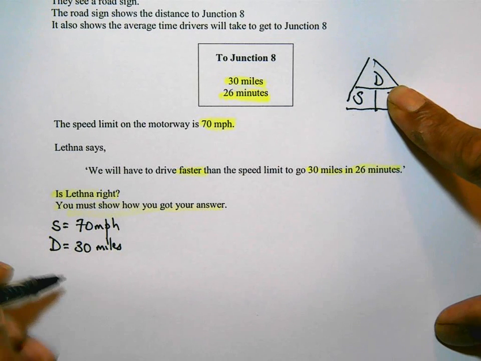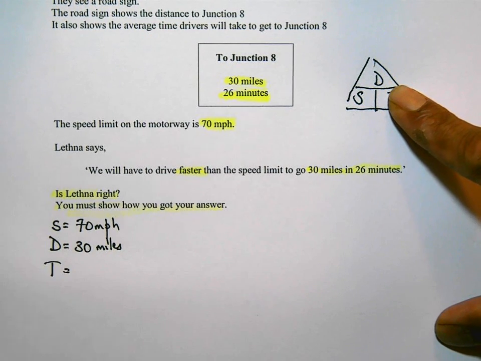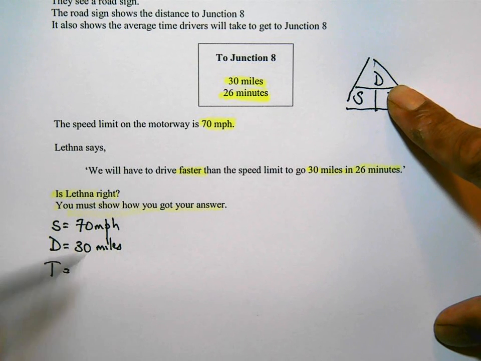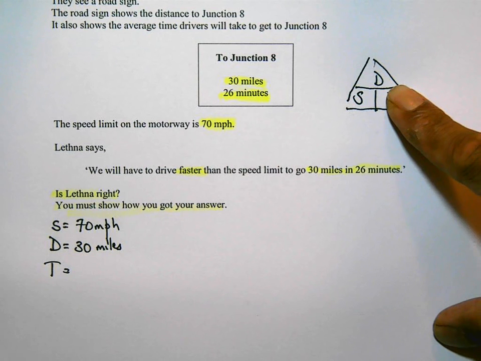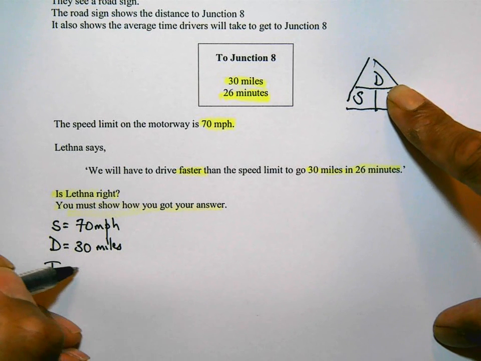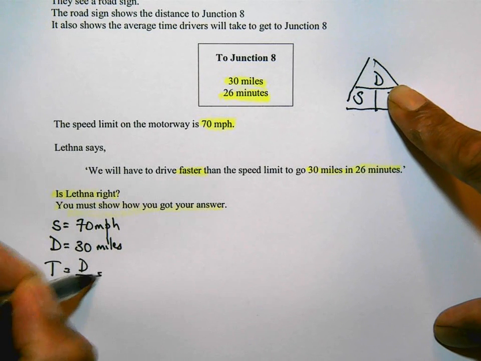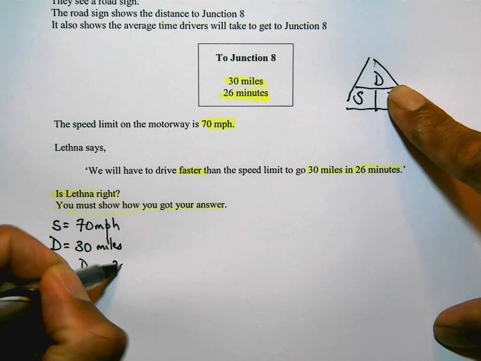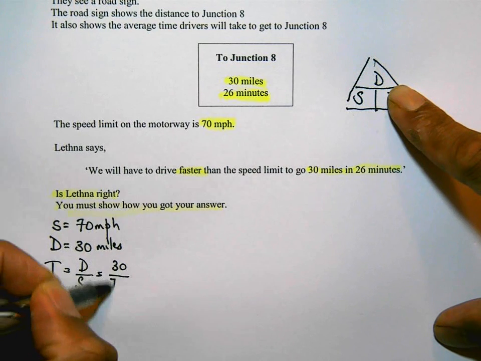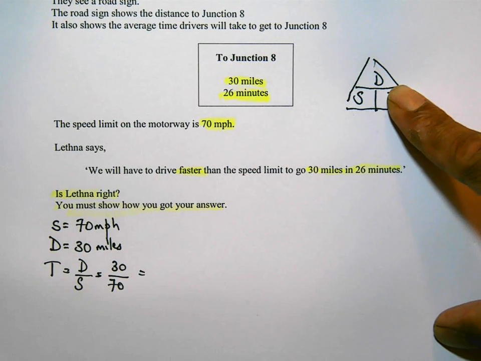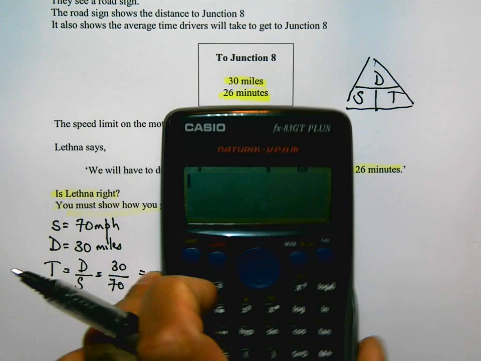We want to work out the time it takes to travel a distance of 30 miles. So what I need to do is work out the time, distance divided by speed. The distance is 30 miles, the speed is 70.